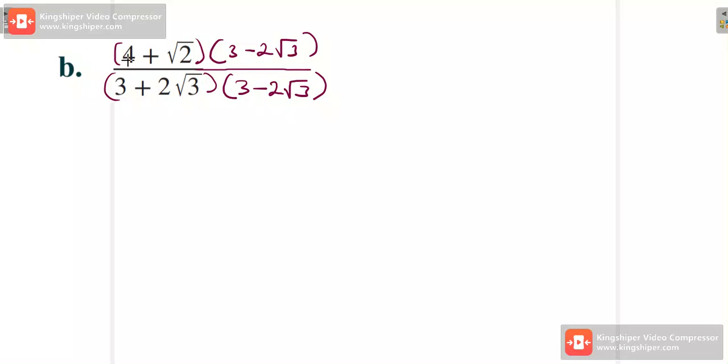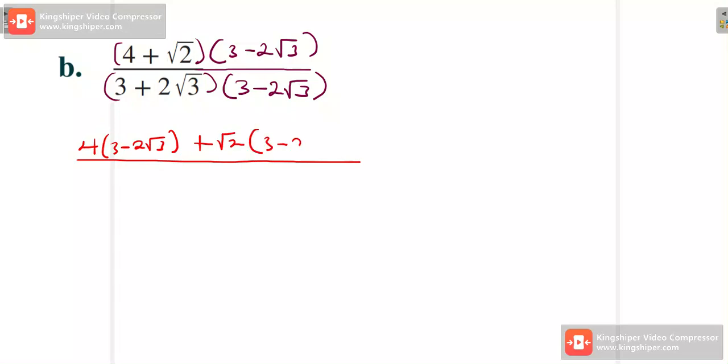Now let us focus on the numerator and expand. So our numerator, we will take the 4 to multiply 3 minus 2 root of 3. Then plus, we will also take the root of 2 to multiply 3 minus 2 root of 3.